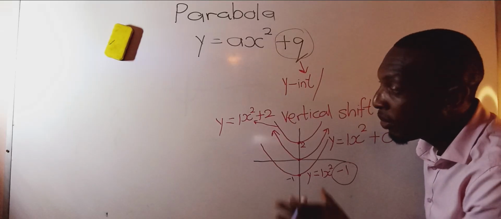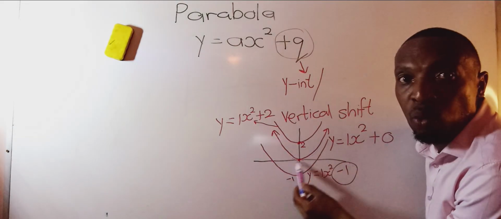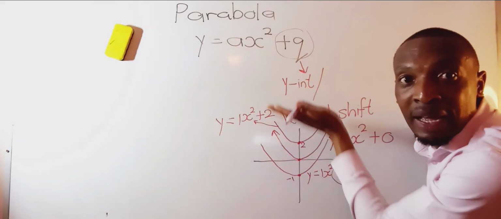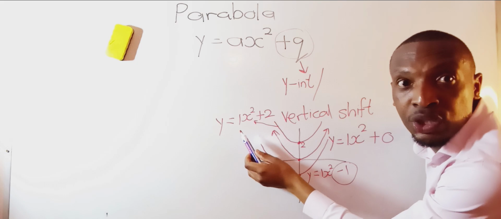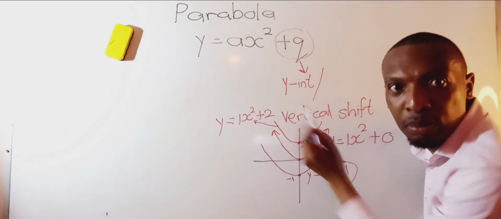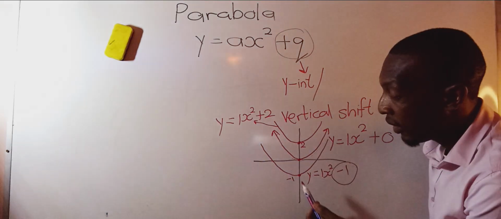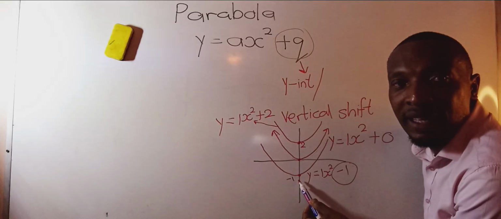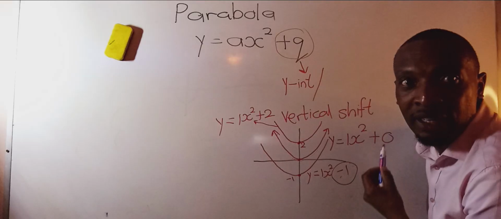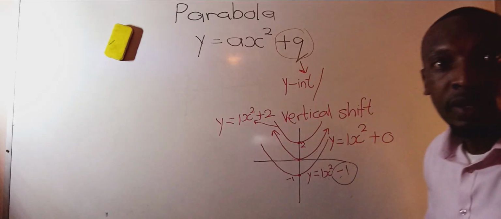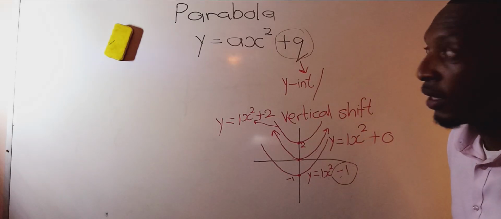It tells me, from the mother function, what did the graph do? Did it shift up 2 units? If that's the case, then the equation is y = 1x² + 2. Or did it shift down 1 unit? In that case, the equation is y = 1x² - 1. So that's basically it on the q.